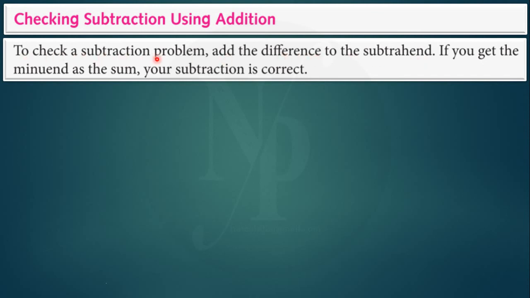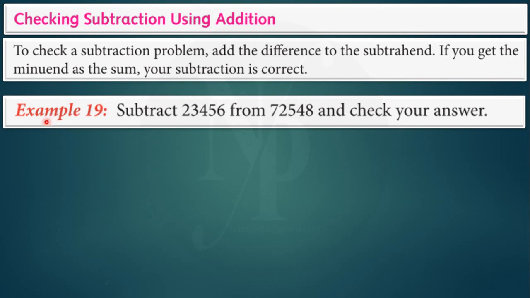This is what we do for verification. If you get the minuend as the sum, your subtraction is correct. So when we add the difference and subtrahend, the sum we get should be the same as the minuend we have in the subtraction problem. Let's see an example.